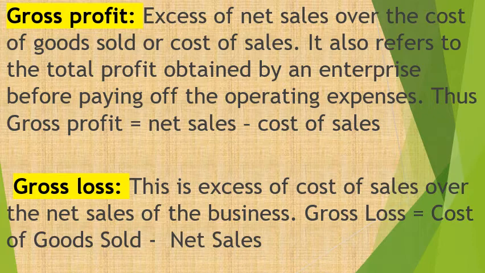Thus, gross profit is equal to our net sales minus the cost of sales. And then how do we incur gross loss? This is the excess of the cost of sales over the net sales of the business. So our gross loss is equal to the cost of sales minus the net sales.